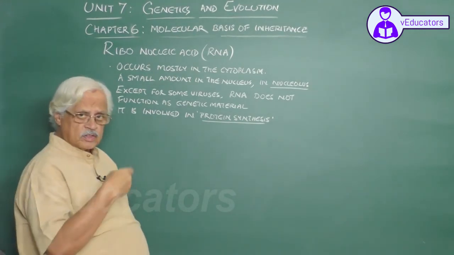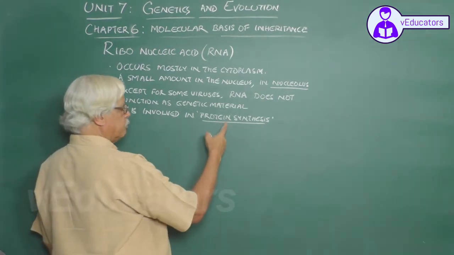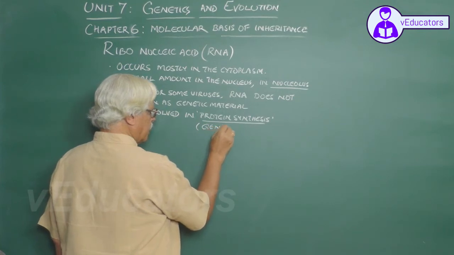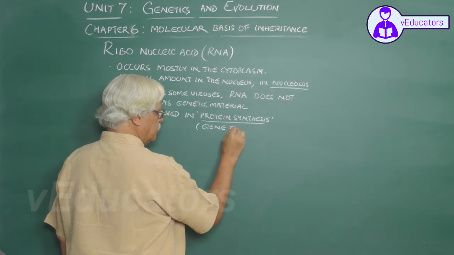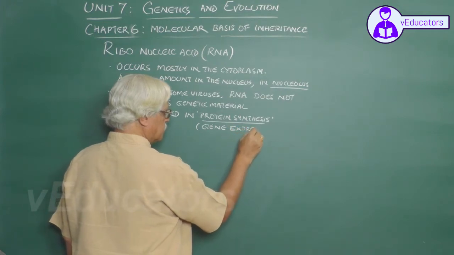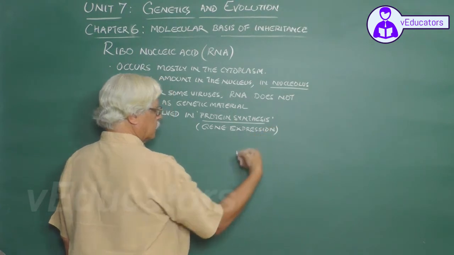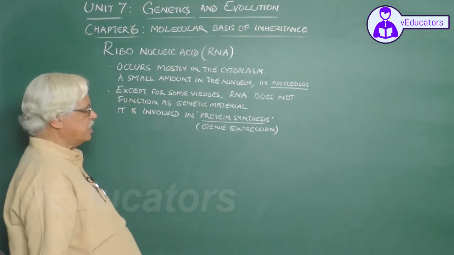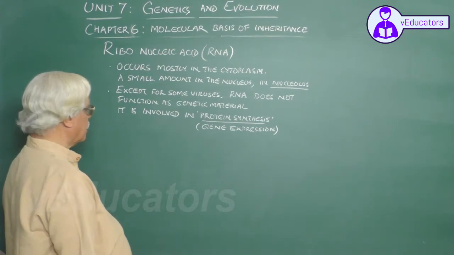We are going to discuss this in detail later, and this entire mechanism is described as gene expression. RNA has a very important role in gene expression under the direction of DNA.